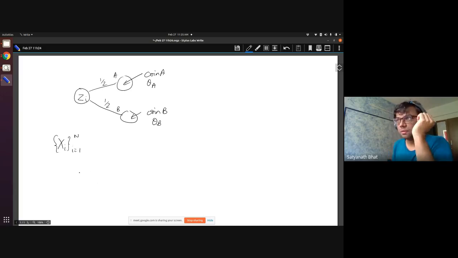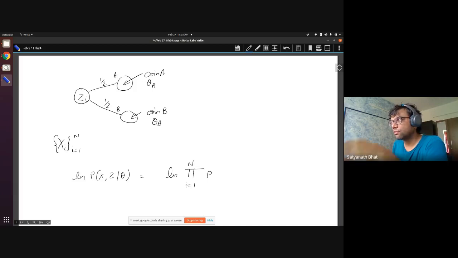Now what we will try to do is write, assuming we know z, how it looks. So ln of p of x, z given theta. Let's try to write the complete thing. So this will be ln, assuming all the things are independent, i equal to 1 to n, product of p of xi, zi. Please interrupt me if you have any questions. I will keep on writing this.